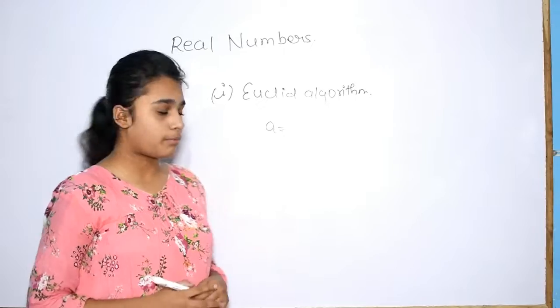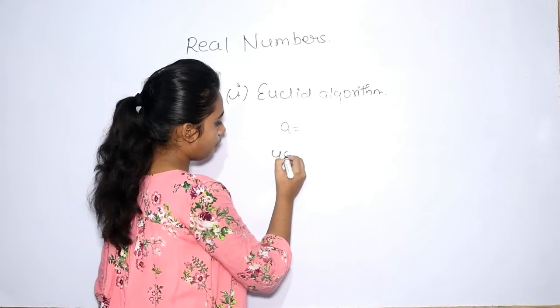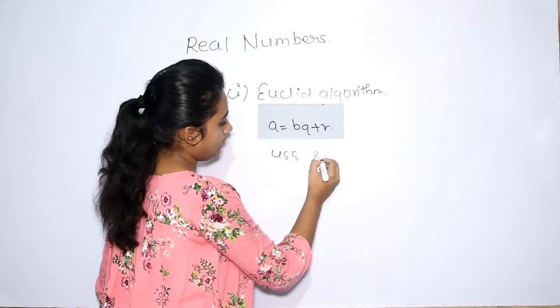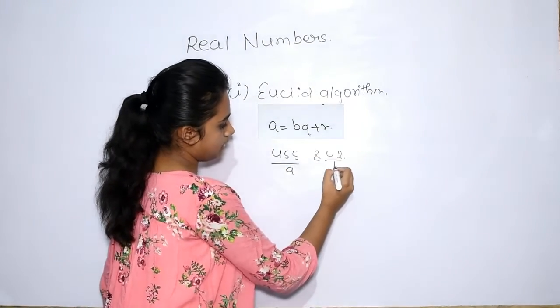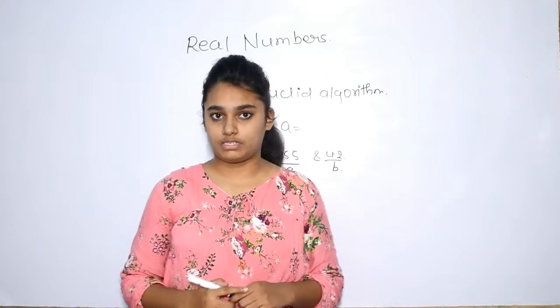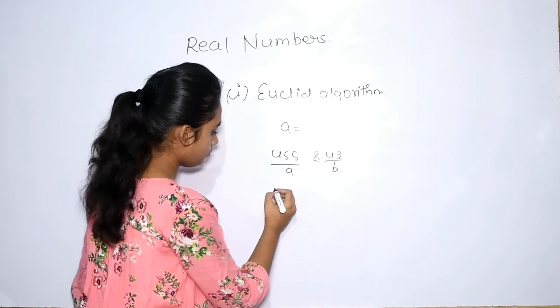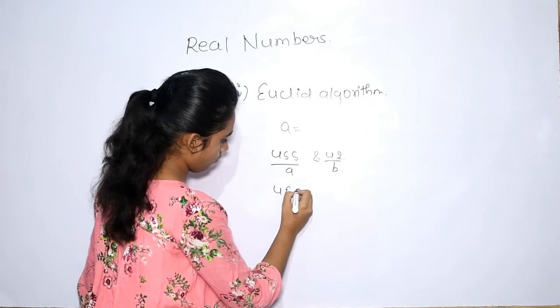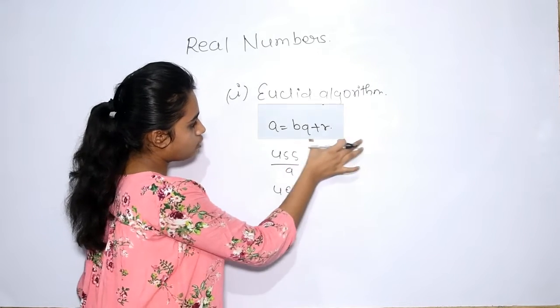So let us continue our process by taking two numbers. First is 455 and second is 42. This is the a number and this is the b number. These two numbers are useful for this process. A is always the dividend, so we are putting here a = bq + r.